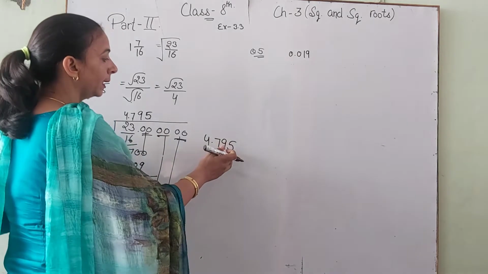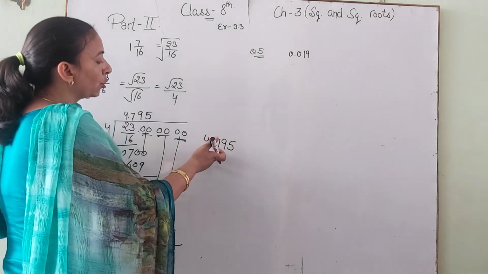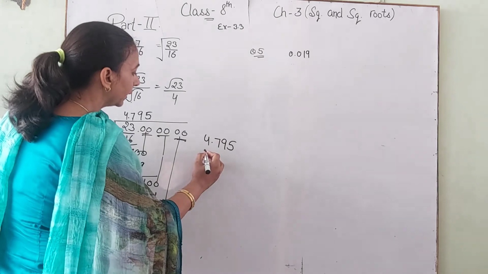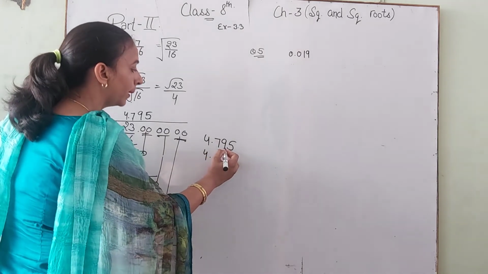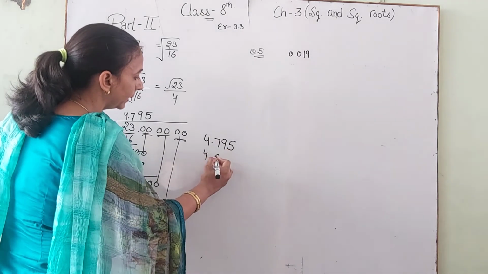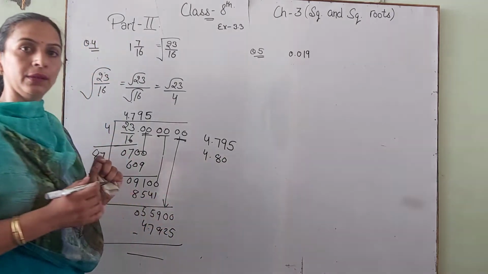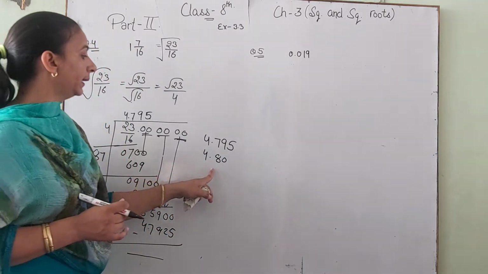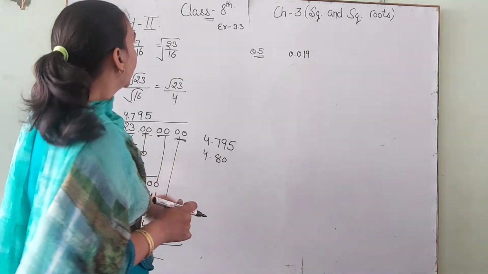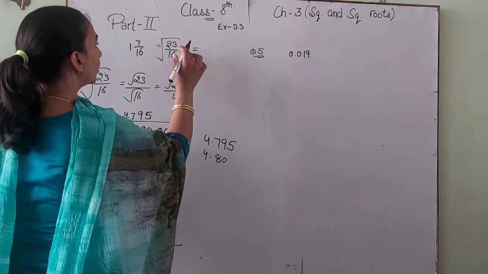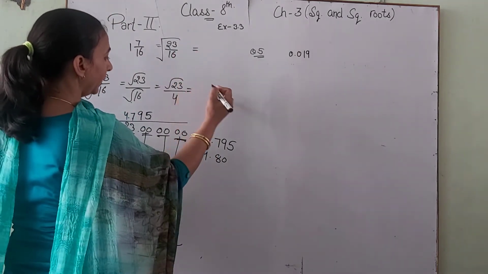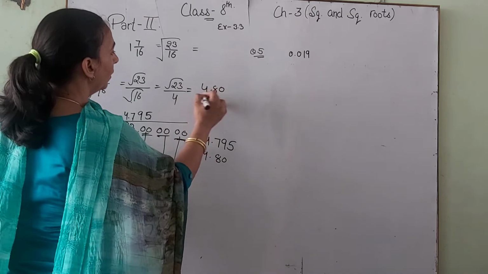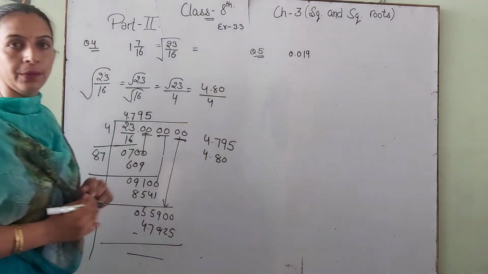So if this is 5, there is no problem. If it is greater than 4, we take 1, add in 9, then 10, this is 8. Okay, 4.8 and 0. And then there is a square root of 23. Square root of 23 is 4.80 and you divide it by 4.